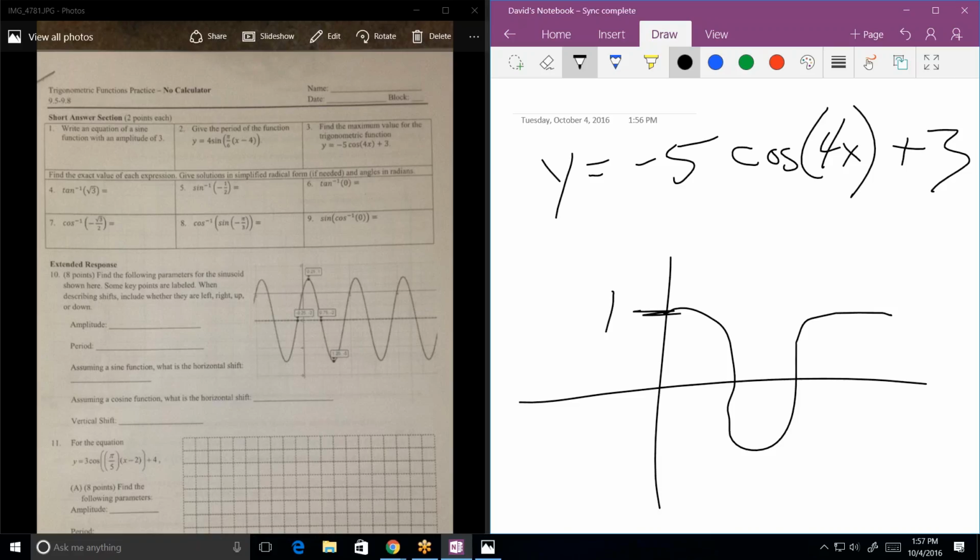Yeah. That goes from 1 to -1. And it goes out to 2 pi also, just like the sine curve. Notice the one difference. The cosine curve starts at 1. Then it goes down to -1, and then it comes back up to 1. Okay? So tell me what the maximum value of y is going to be. What's the maximum value of cosine of 4x?